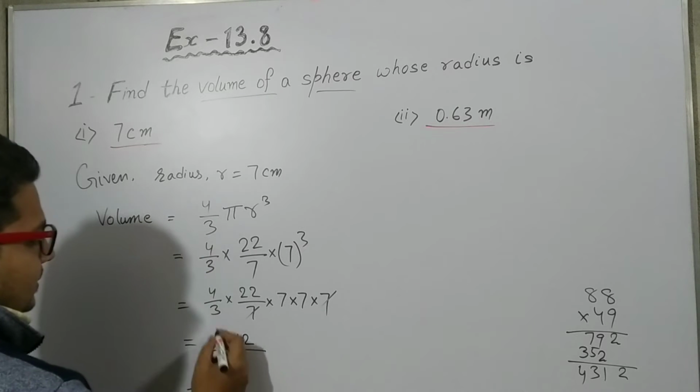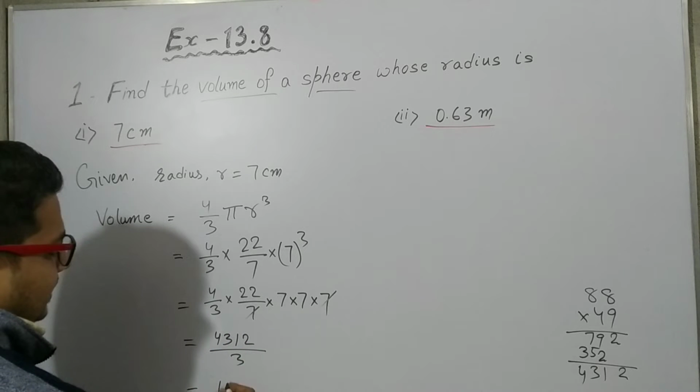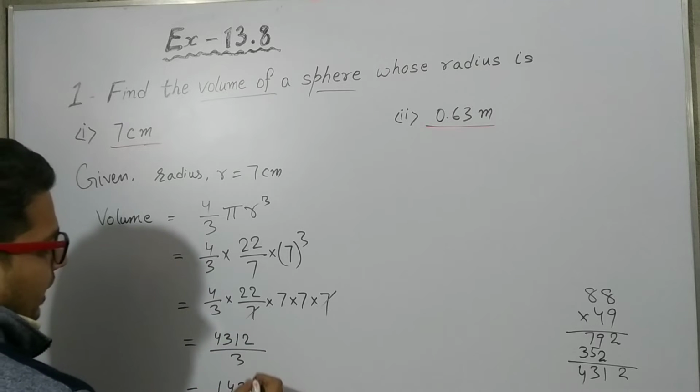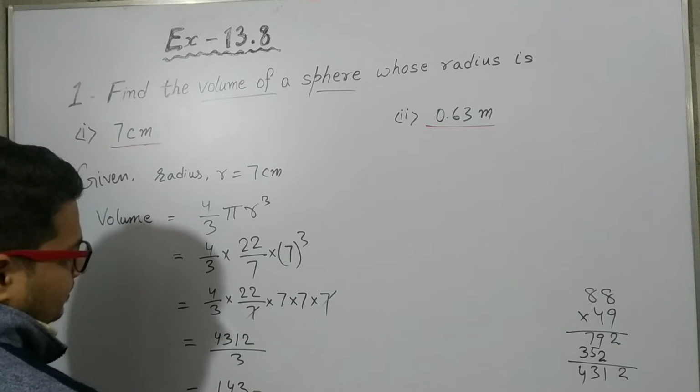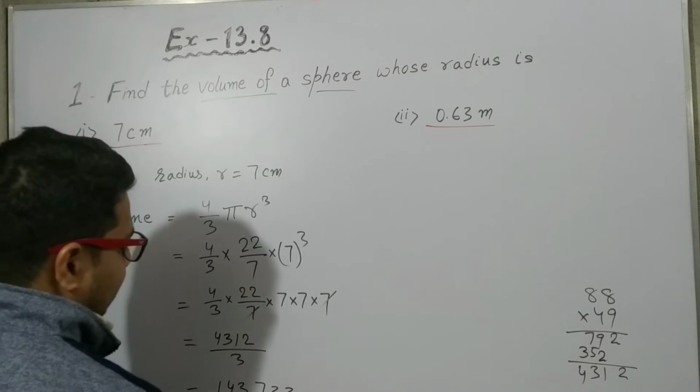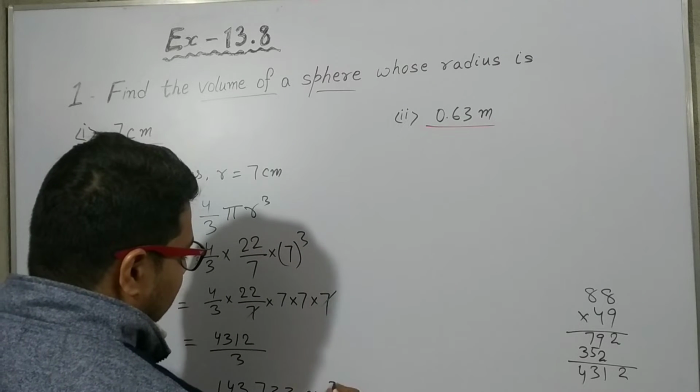When you divide this, 3 1s are 3, again 3 4s are 12, now 3 3s are 9, and remains 2, and 22 it is. Then 3 7s are 21, and 3 3s are 9, 3 3s are 9, and the unit will be centimeter cube.